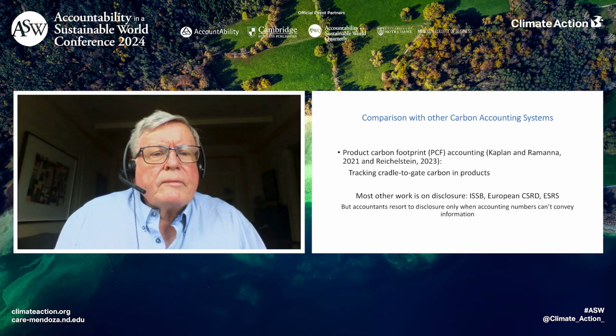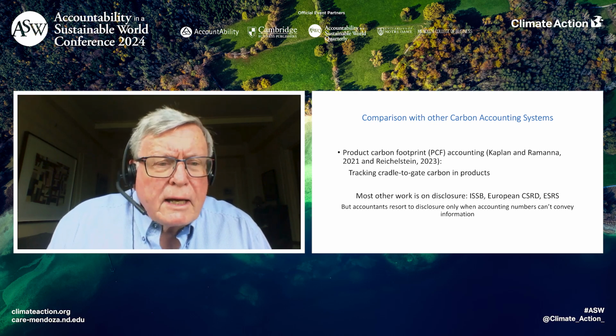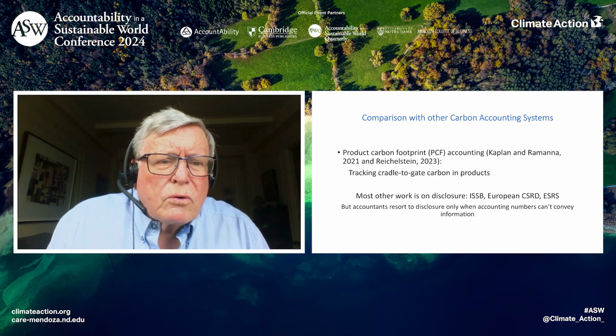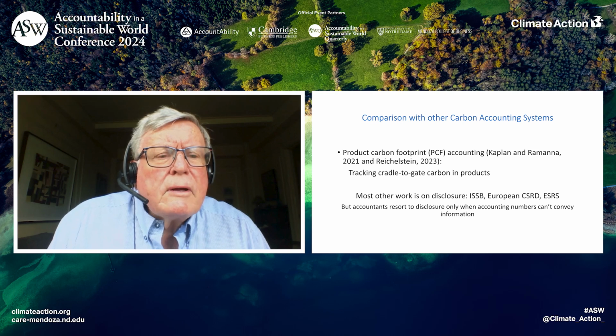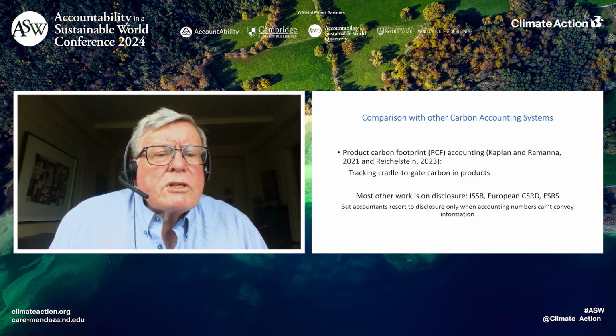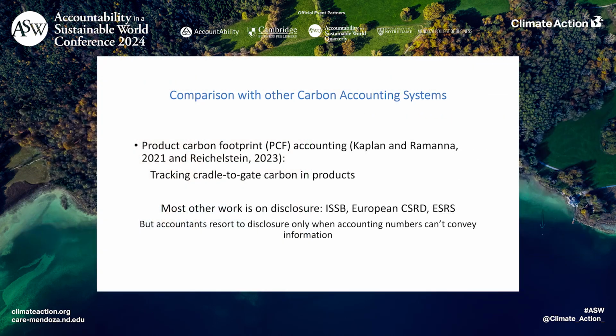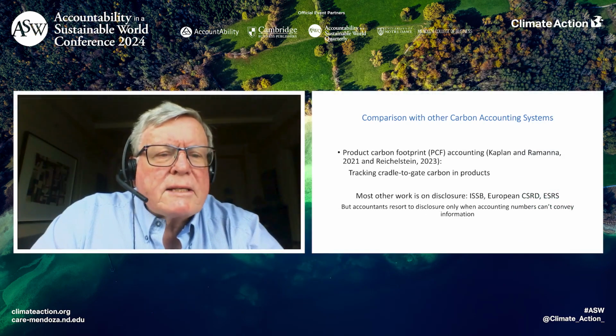Romana and Bob Kaplan at Harvard have their e-liability accounting. I think this has been reported on in a previous CARE conference. It's embellished by Stefan Reichelstein, which was reported, I think, at the last CARE conference. And that is a product cost in carbon. It keeps track of the carbon in particular products, from cradle to gate, as they say.